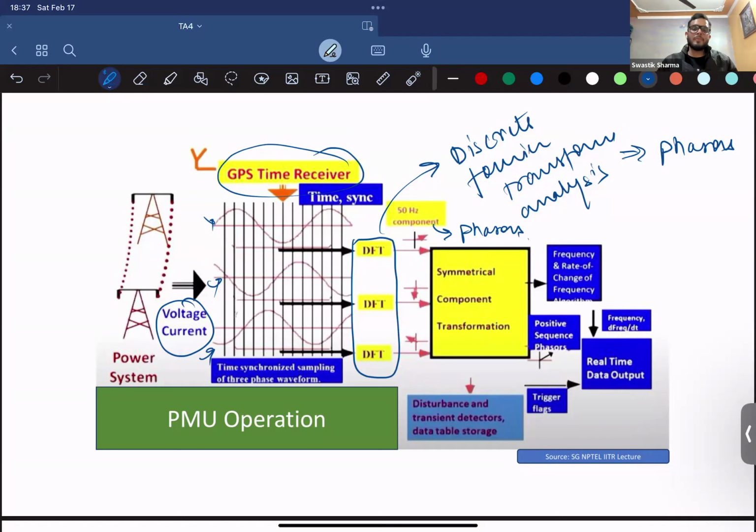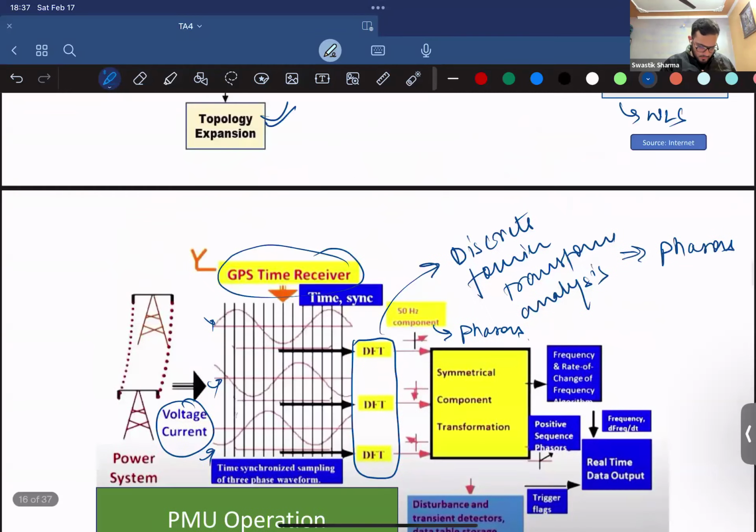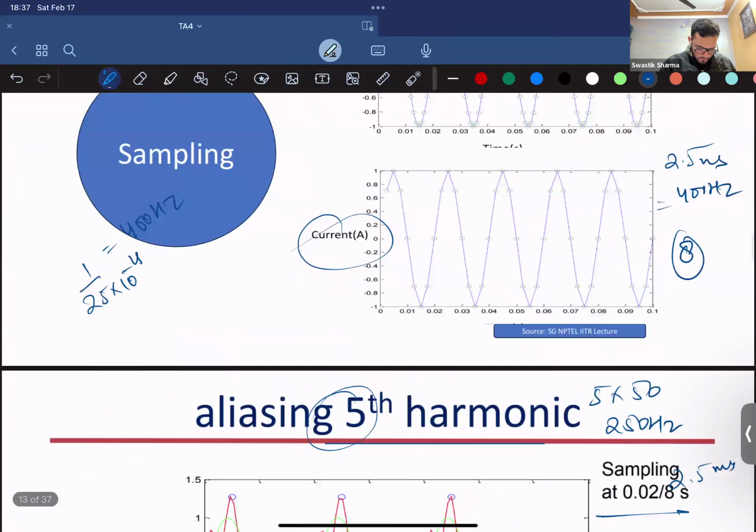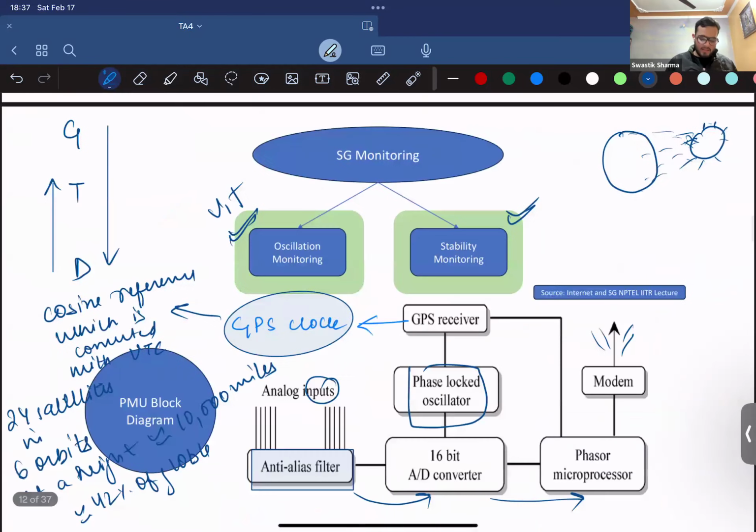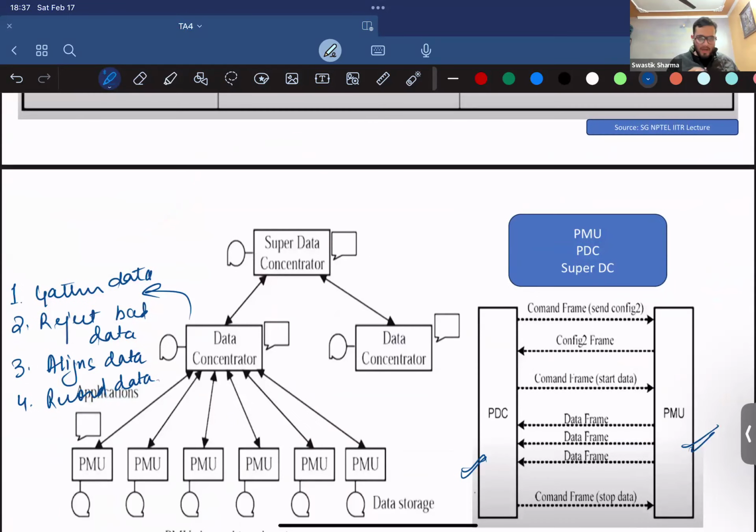What is PDC? PDCs are phasor data concentrators. I discussed this here, I guess you were not here. You have PMUs at different locations across the whole architecture of the power system.